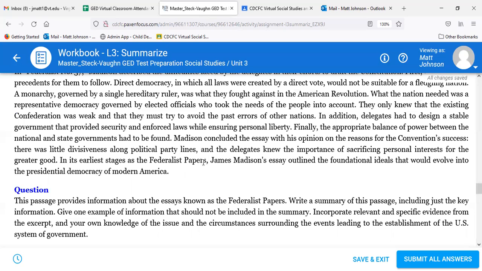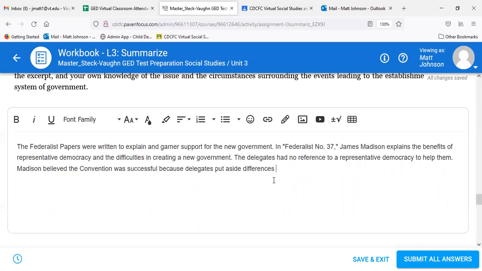How can we put that? So put aside differences for a more important matter. Okay.